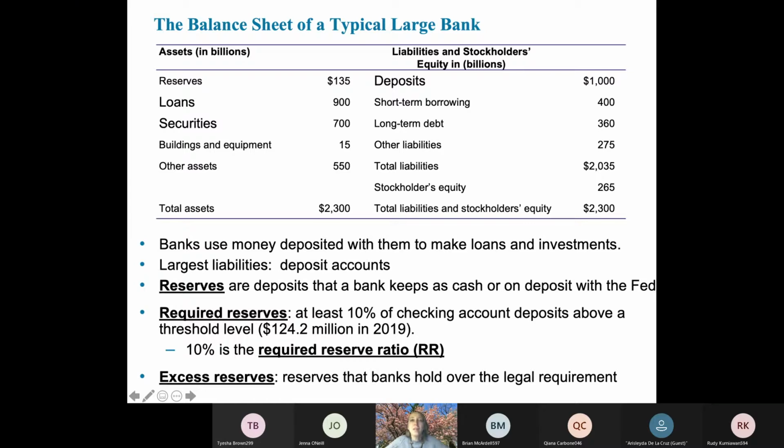So they took the deposits, they borrowed from other banks and took out some long-term debts and other liabilities, and they invested all that into buildings and equipment, into loans. They gave out loans to businesses and moms and pops and mortgage holders.